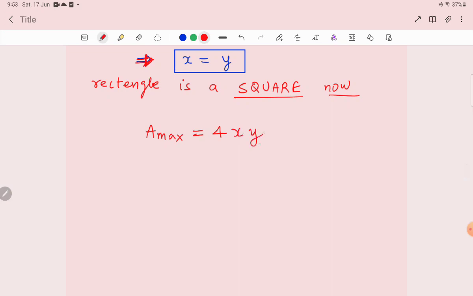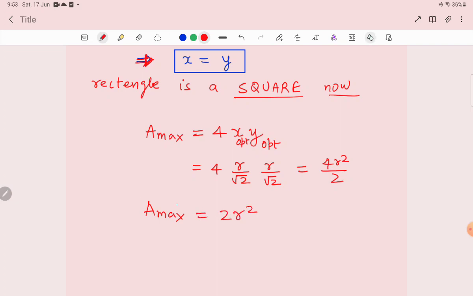And if you want to maximize, it means we have to put the optimum value of x and the optimum value of y. And what is the optimum value of x? Which is r divided by square root of 2. And similarly y is also r divided by square root of 2, which means 4 times r square divided by 2. So A max will be now 2 times r square.